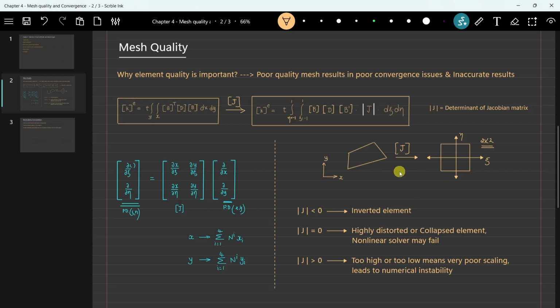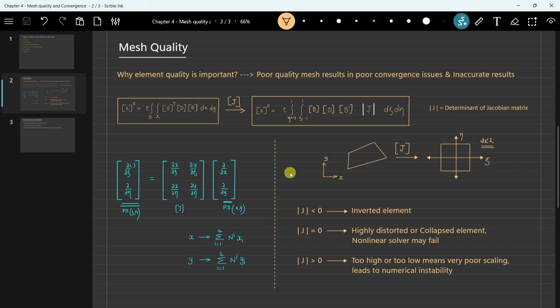And it is also a shape factor. That means whatever the element shape, quadrilateral, skewed, it will turn it into a square element. So this was basically a recap of the previous lecture.